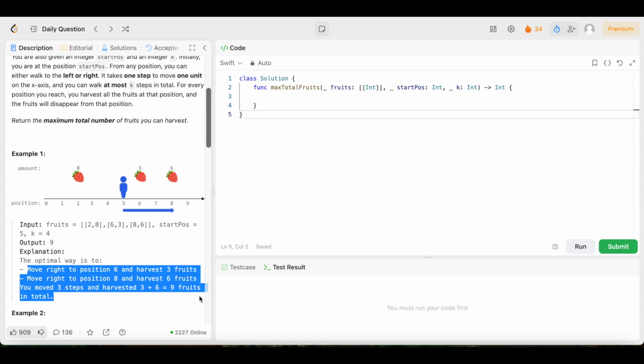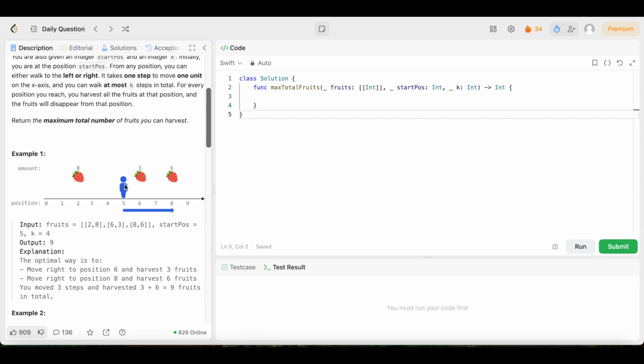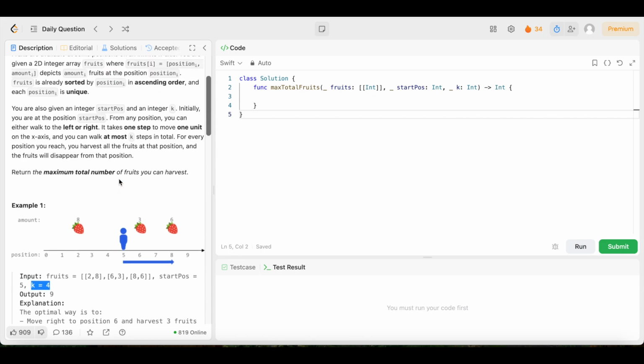To break this down one step further, if we look at this picture, this little human right here, that's us. We want to collect the maximum total number of fruits that we can harvest, and we're only allowed to move k equals 4 steps.